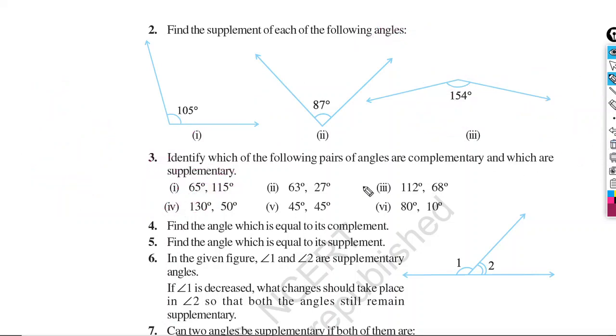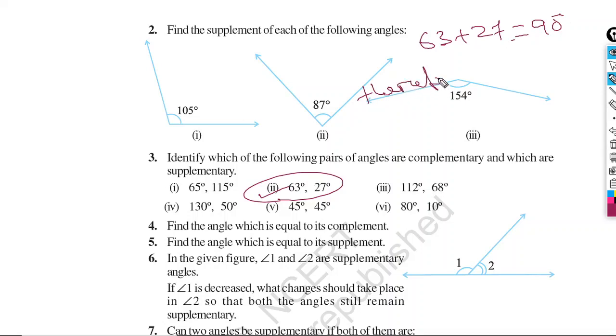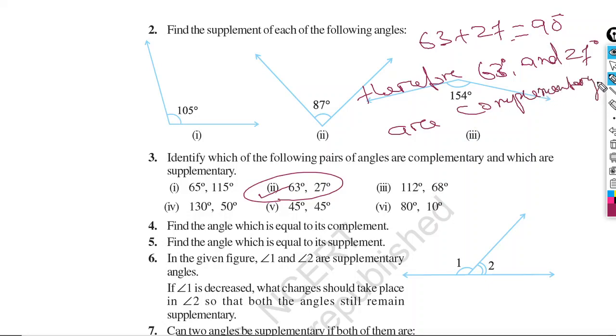Similarly, we'll move to another one. Let's try part II. Here in part II you can add first. 63 plus 27 is equal to 90 degrees. You can write therefore 63 degrees and 27 degrees are complementary angles.